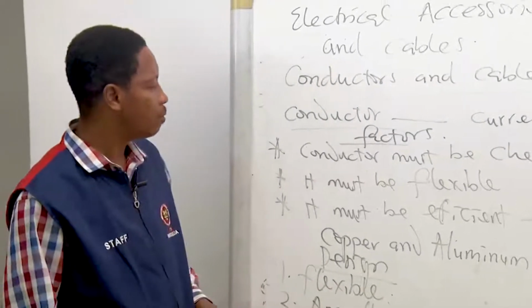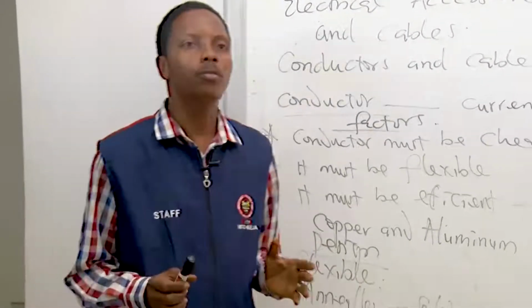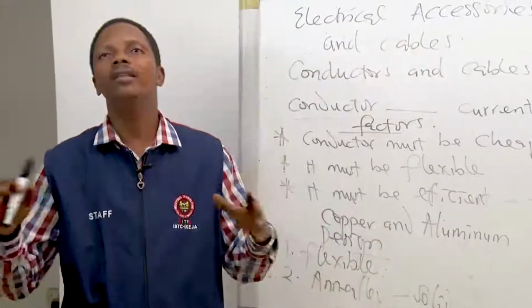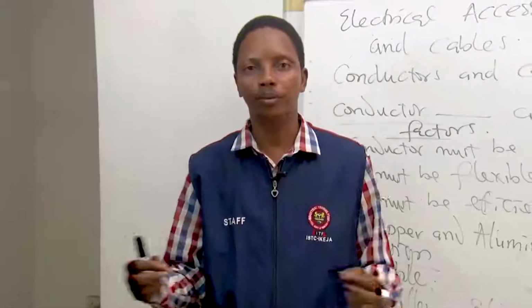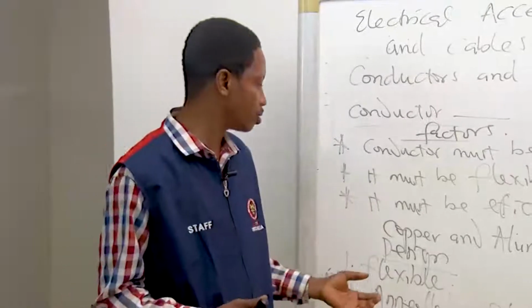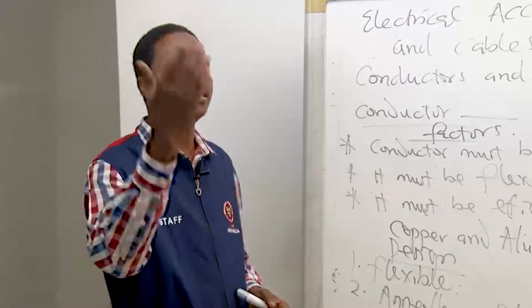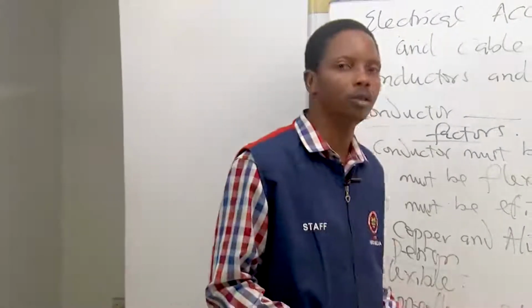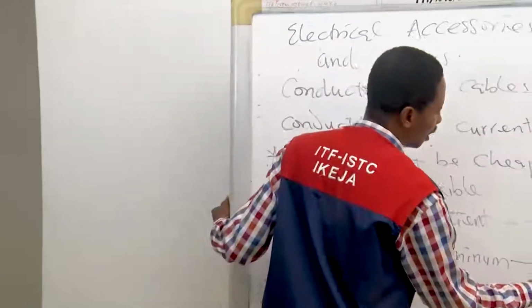And where do we use copper and aluminum? Mostly for any indoor job or indoor electrical installation, we make use of copper. And for overhead systems, we make use of aluminum. Why? Aluminum is lighter in weight.